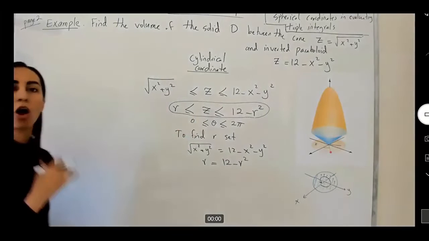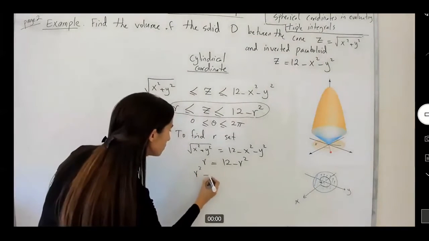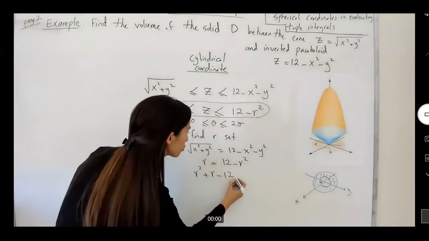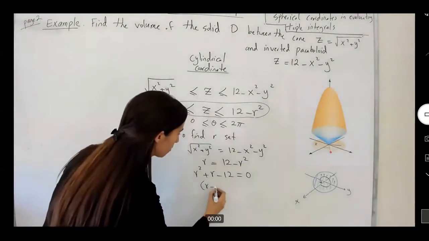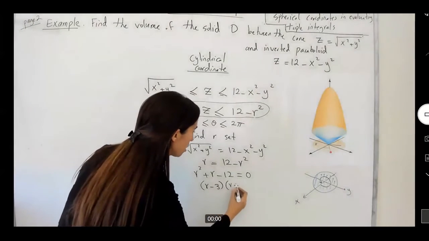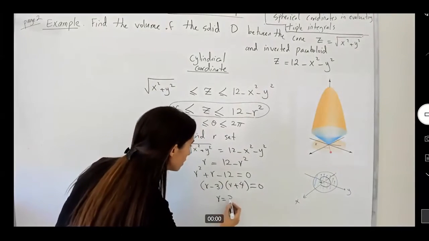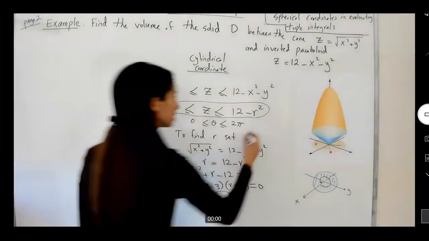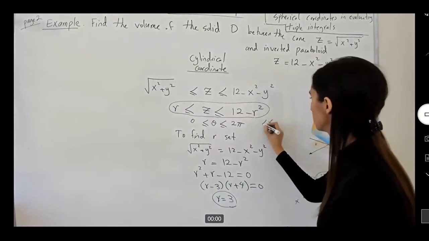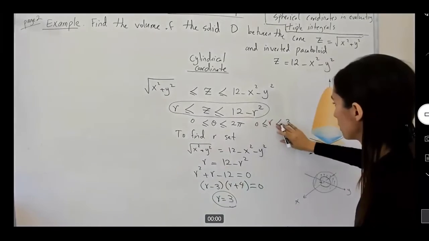We want to solve this for r. So r squared plus r minus 12 is equal to 0. It means that you have r minus 3 times r plus 4 equal to 0. It means that your r is equal to 3. So your r is bounded below by 0 and on top by 3.